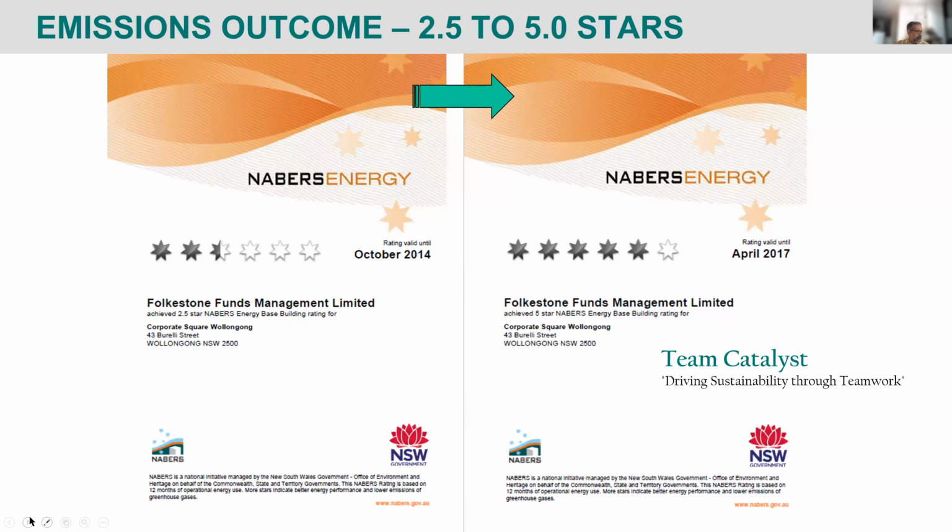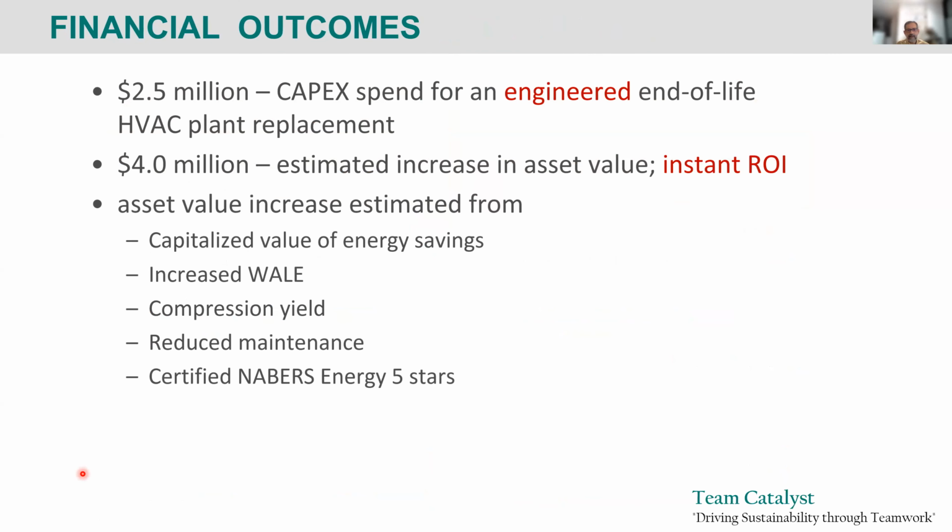Anyway, a couple of things to understand: no one is going to do this energy or greenhouse gas reduction from the goodness of their heart. They're going to do it because there's some money involved. So the financials were that there was a $2.5 million capital expenditure for our carefully engineered end-of-life air conditioning plant replacement.